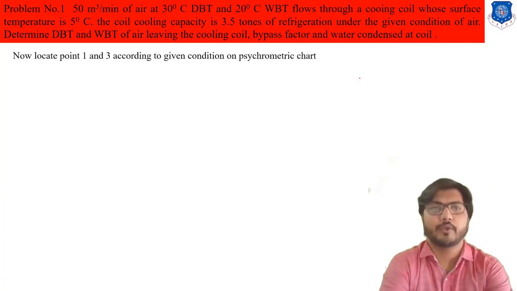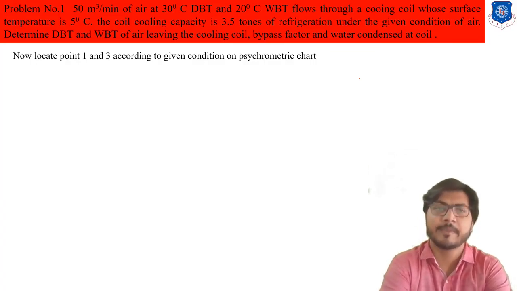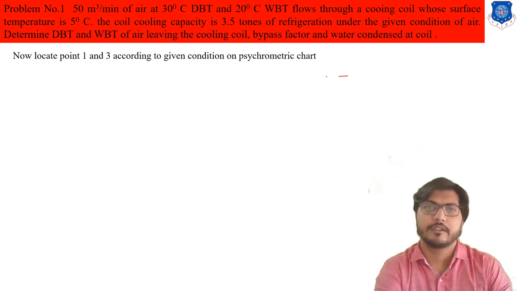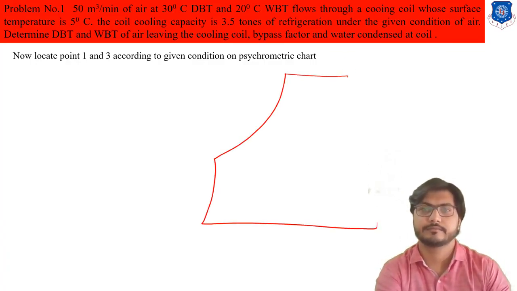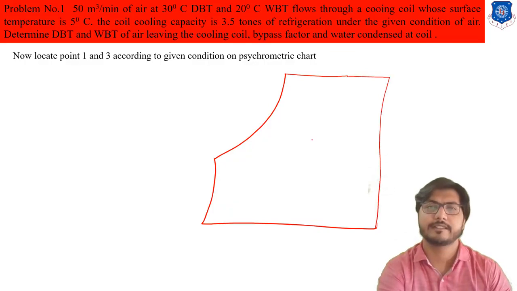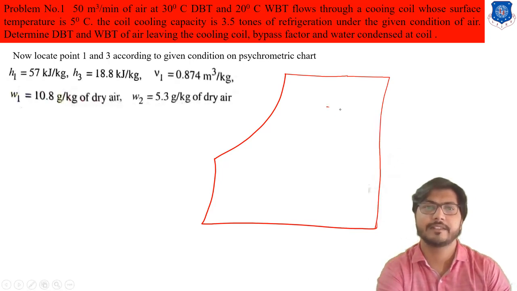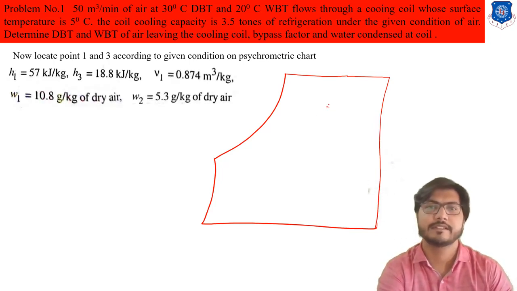First, locate points 1 and 3 according to the given conditions on the psychrometric chart. Let me give a brief idea. First of all, locate them on the psychrometric chart. Suppose this is our psychrometric chart. The condition of point number 1 is given: this is point 1, and its temperature is 30 degrees centigrade.